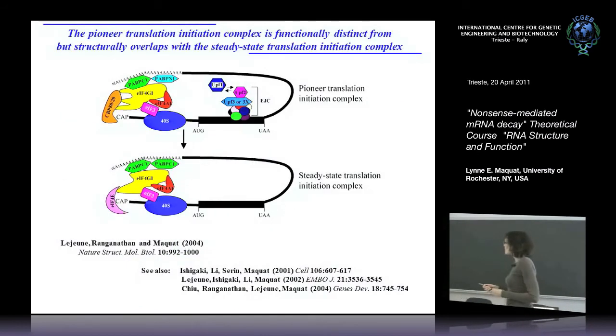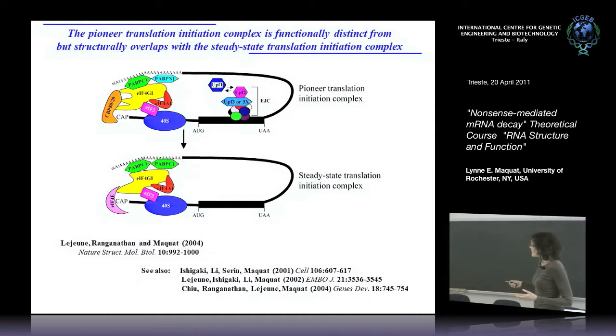We were very surprised that this mRNP could be translated. Fabrice Lejeune showed that it is a precursor to this mRNP, which produces the bulk of cellular proteins. Most of cellular translation uses this mRNP because it's the most abundant. But you can see why NMD would target this mRNP and not this one.